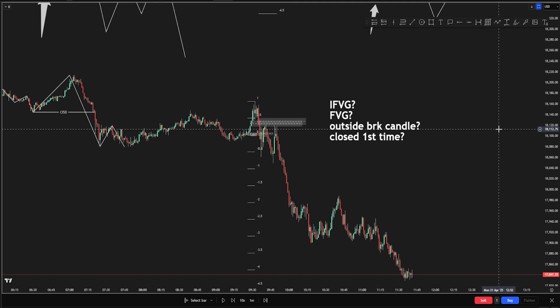So let's say it had the IFEG and the fair value gap, but there was no outside candle, so it was a candle between 2 candles, and it didn't close the first time around, it wicked. Well, it has 2 things in your favor and 2 things against your trade.